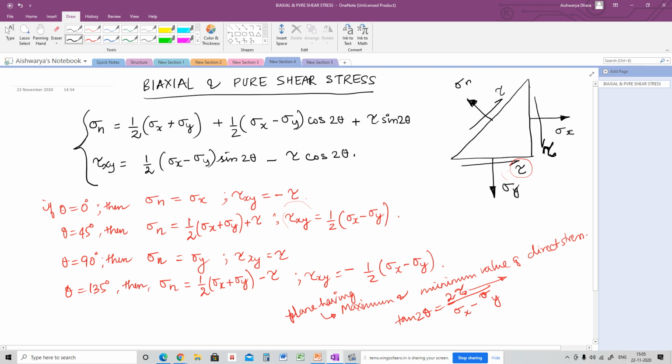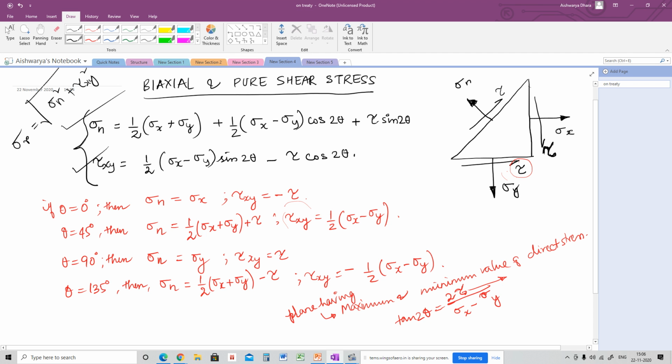These are the tangential stress component and the normal stress component, and combined we can find the resultant. Did you get the difference?